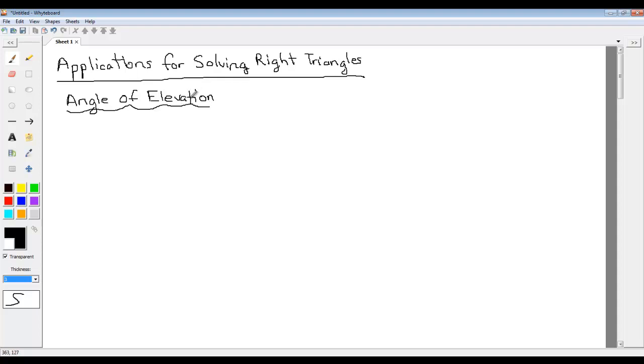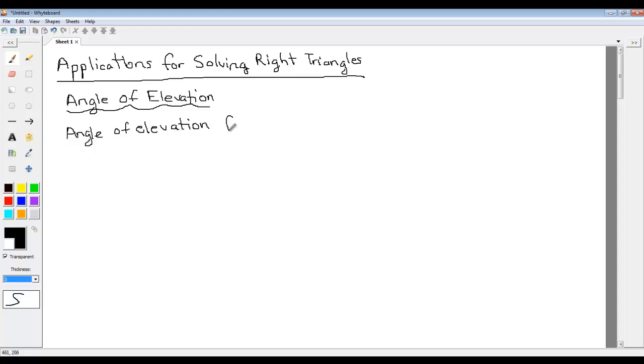The problem says that the angle of elevation from a point on the ground that's 15.5 meters from the base of the tree to the top of the tree is 60.4 degrees. Find the height of the tree.